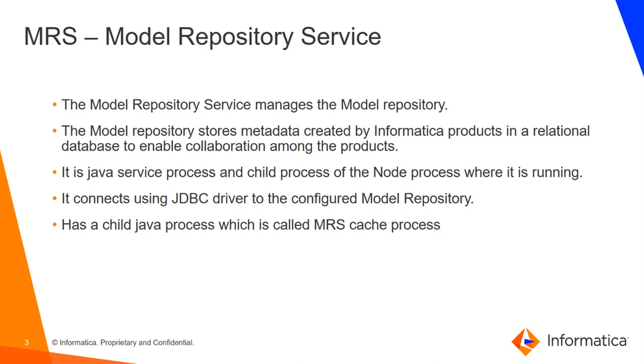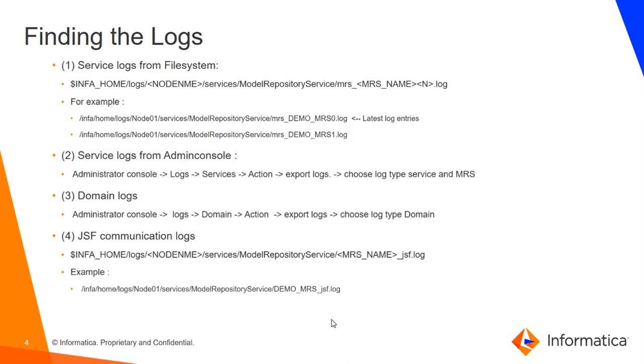So the different ways to find the PID would be, you can go to the console and find it the way we did just now, or you can also go to the admin console logs tab and go to the services tab and add a column for the PID, which will also show the latest PID of the MRS service process if you filter on the MRS service accordingly. So this is one important reason why we went through this experiment. So let us get back to the presentation now.